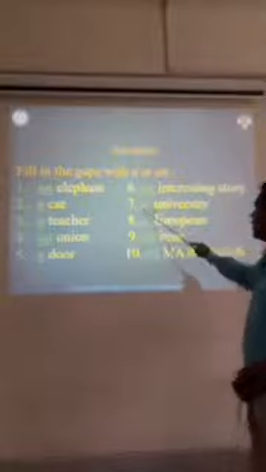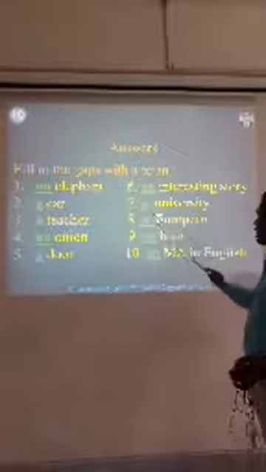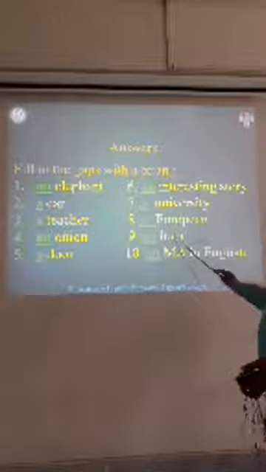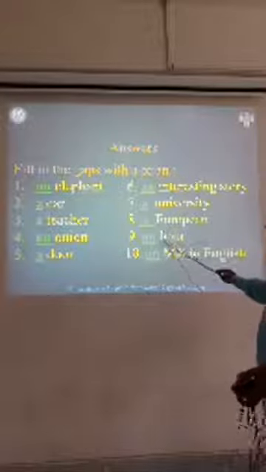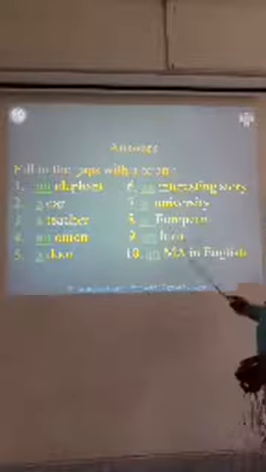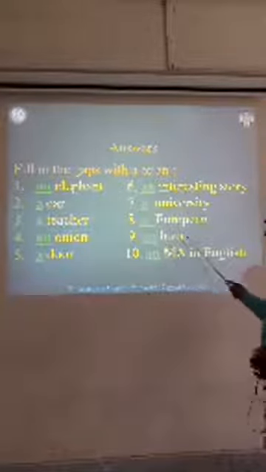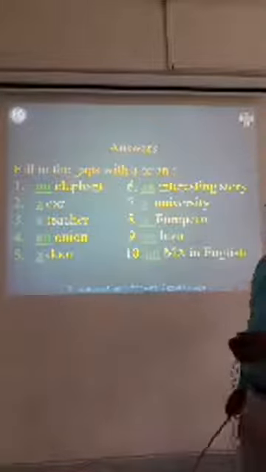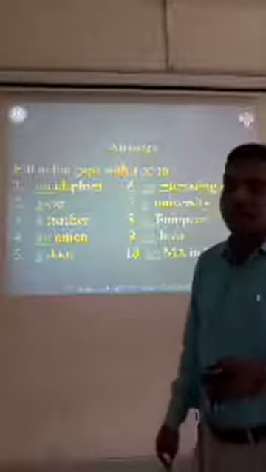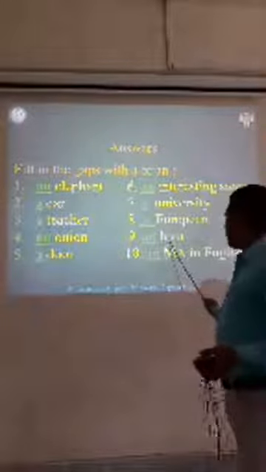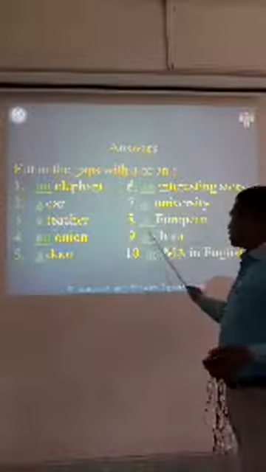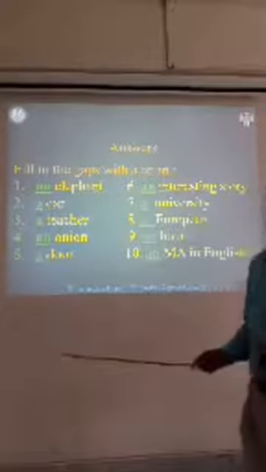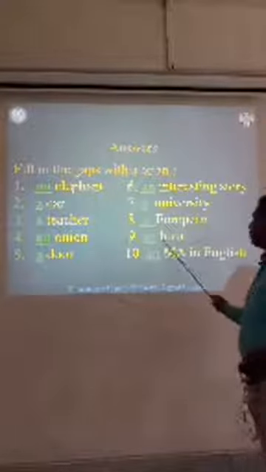For this reason, there is used A: a European, a university. Hour, there is an H, a consonant letter, but if you pronounce hour, for this reason there is a pronunciation like a vowel.